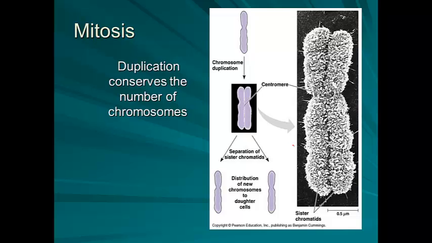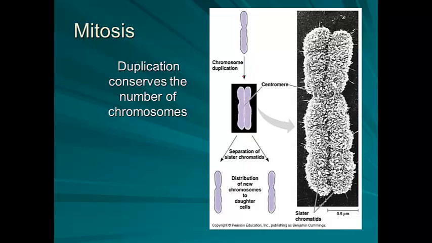If you think about your diploid number of chromosomes, wanting to make an exact copy, you can't just divide your chromosome or your cell in half. If you did that, each of those new cells would only get half the number of your chromosomes. So duplication always conserves the number of chromosomes, which is important for organism survival.